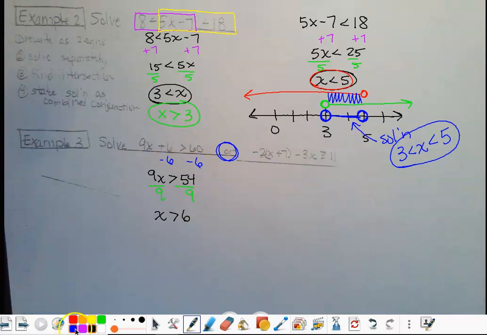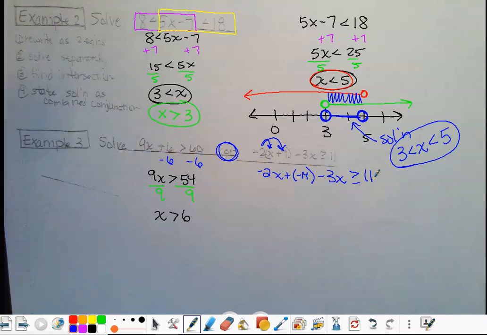So x is greater than 6. On the second one, we need to do some distributive property. Negative 2x, negative 2 times 7 is going to be plus negative 14, minus 3x is greater than or equal to 11.